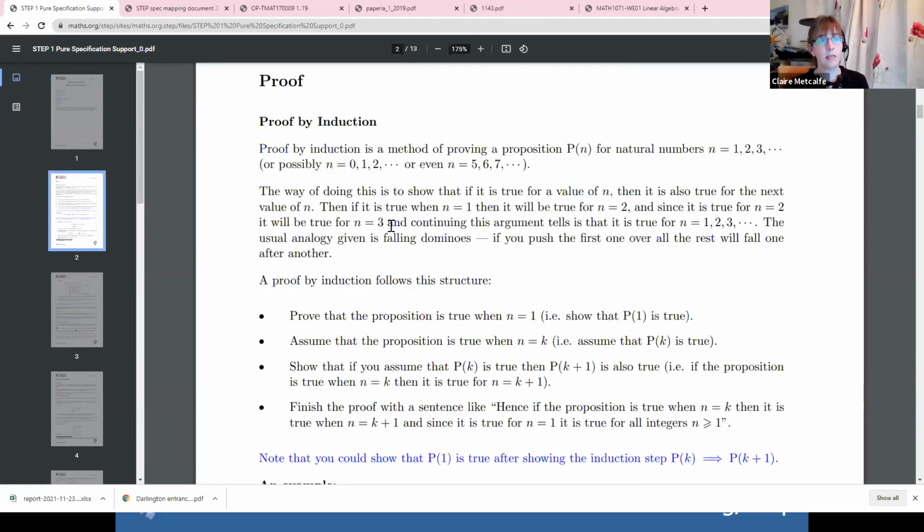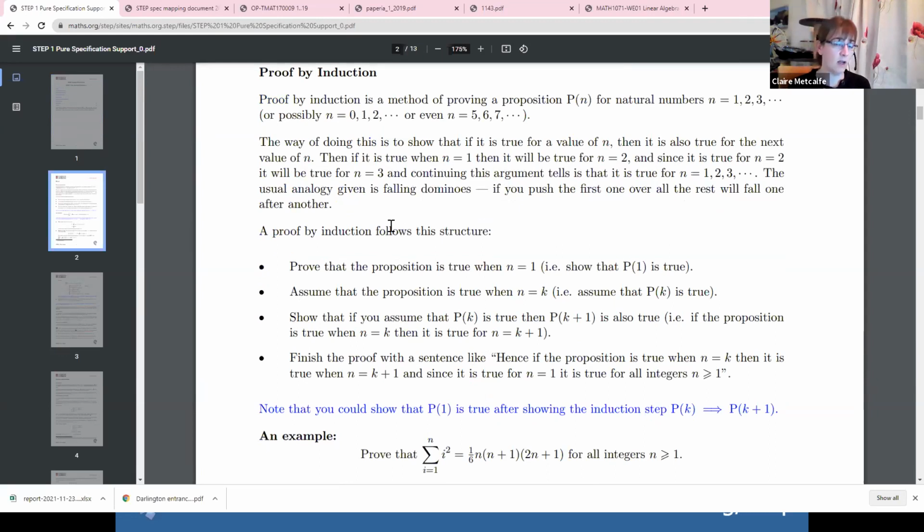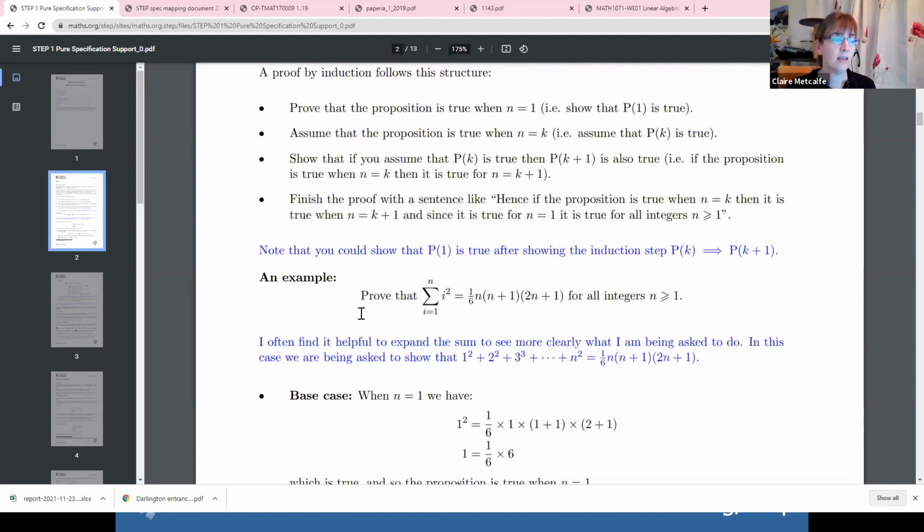For example, if a student is wanting to sit STEP 2, perhaps because they have got an offer to do engineering or some other subject, or they're applying to a university but don't have further maths, then they might want to have a look at this, and they can get a bit of support on the bits of specification that they have not met.